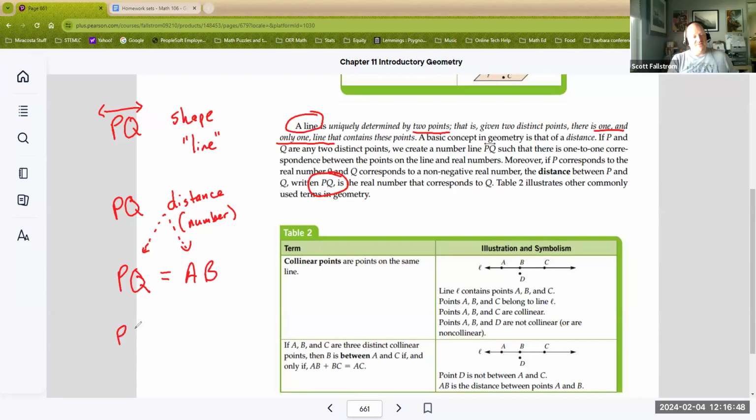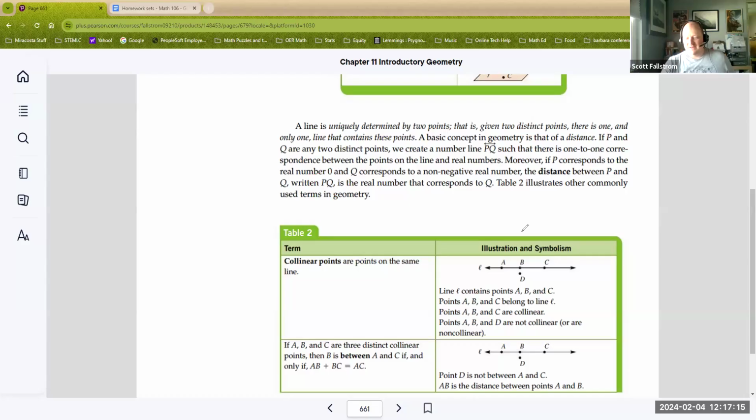But the shapes themselves, maybe I have a line segment, I would say that shape is congruent to another shape. So when we have shapes, and I know this is going to be a little rough at first, but we're going to get there, we say congruent. When we have numbers, we say equal. Make a note of that because I know you're taking a lot of notes here.